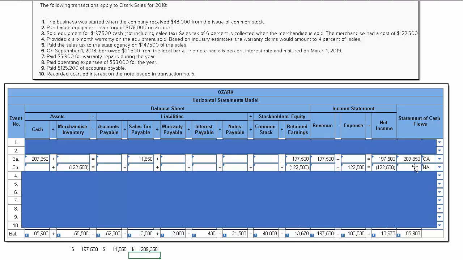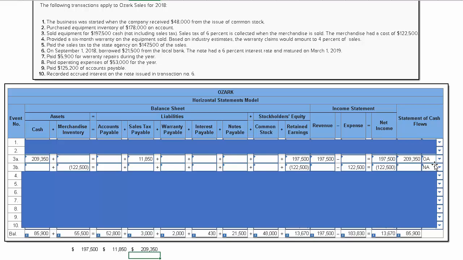Now, over on the statement of cash flows, we have to show what happened. Well, remember that anything in the statement of cash flows has to have an impact on cash. So we had a $209,350 increase, and that's an operating activity. It's an operating activity because virtually everything that flows through the income statement is operations, right?